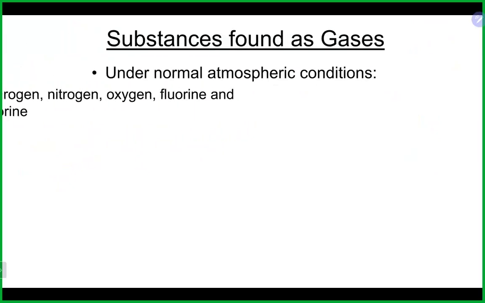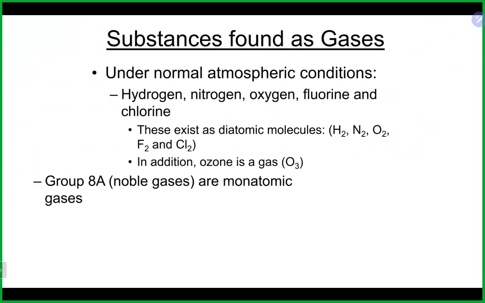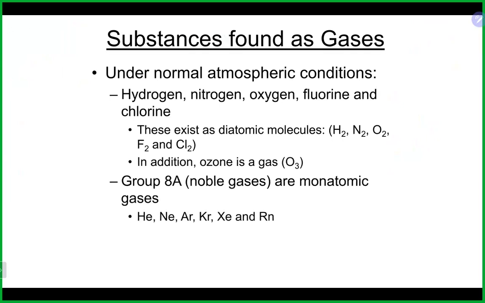Now, substances that are found as gases under normal conditions: we have our hydrogen, nitrogen, fluorine, and chlorine. Those are our diatomic molecules, which are our elements. They are also gases, how they naturally exist. Ozone, which is O3, is also a gas. And obviously on our periodic table, group 8, which is our noble gases, those are also gases.